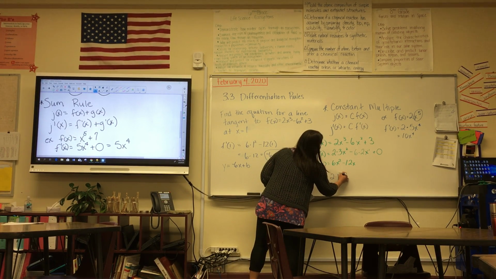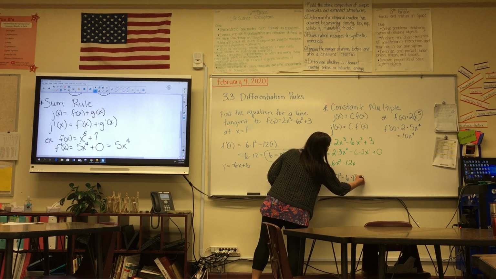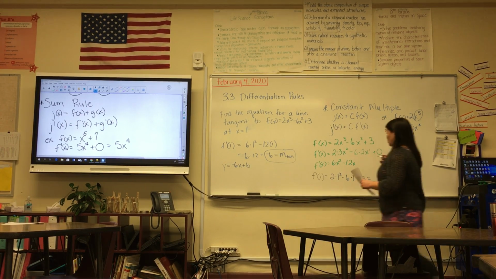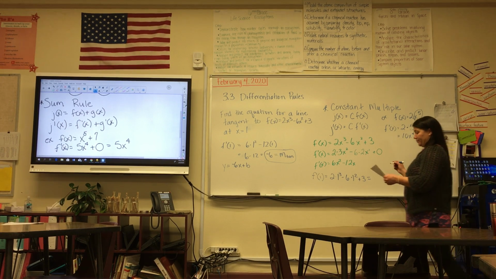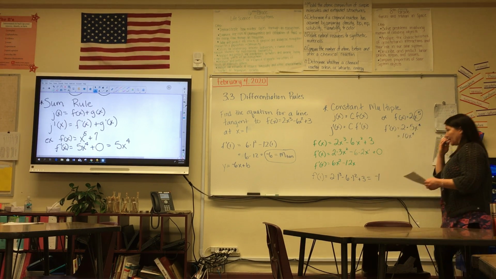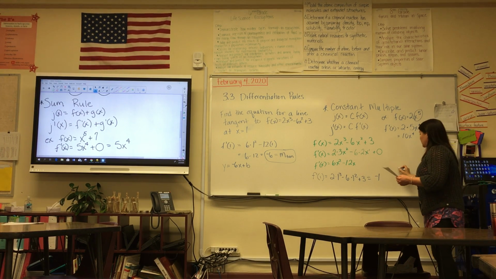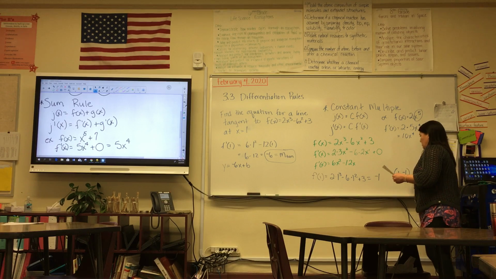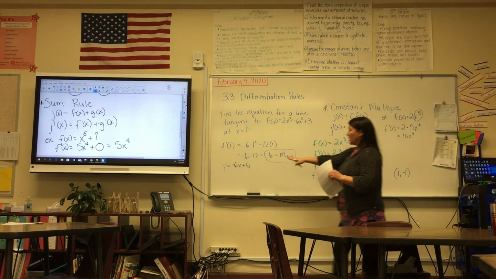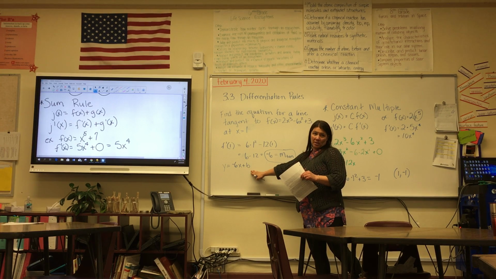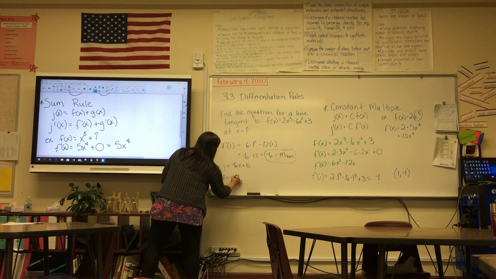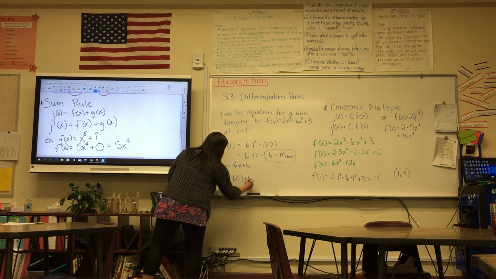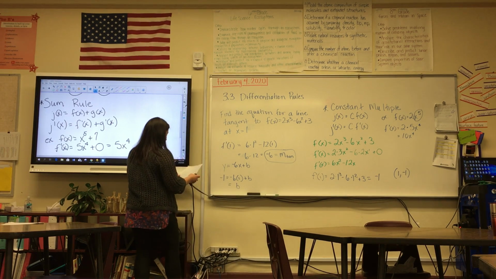So 2 times 1 to the third minus 6 times 1 squared plus 3 is 2 minus 6 plus 3, which is negative 1. So my point is going to be 1, negative 1. Now I have a point and I have the slope. I can solve for b. So I have negative 1 equals negative 6 times 1 plus b. So b equals 5.